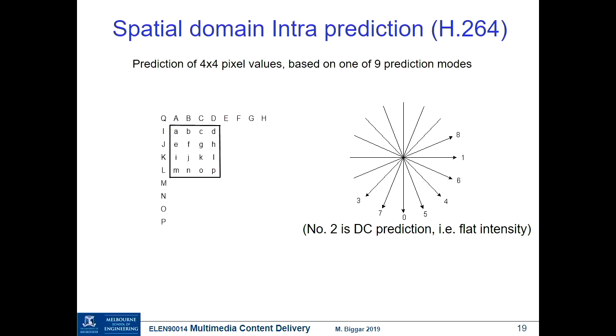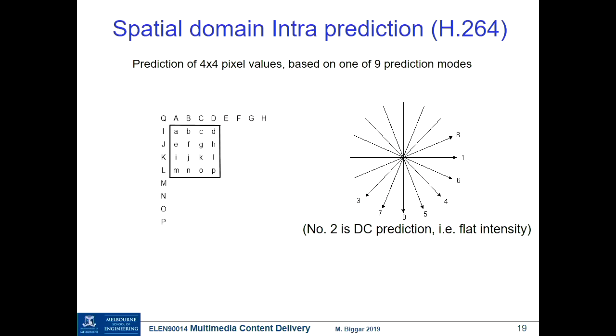Okay, so we can either encode it as DC, so we just estimate all of these pixels based on the average of these neighbours, or we can predict that there is structure in a particular direction.